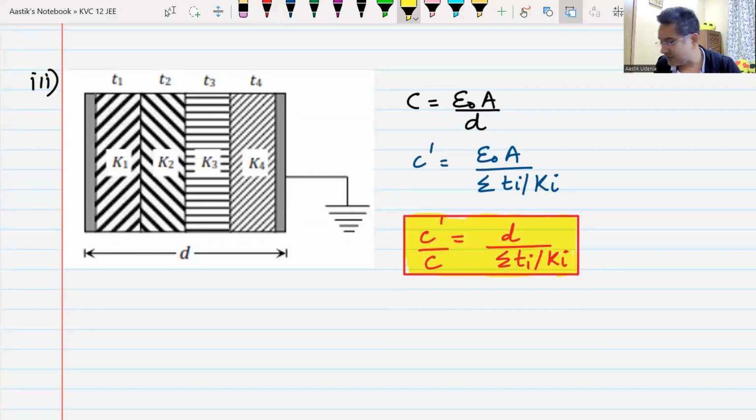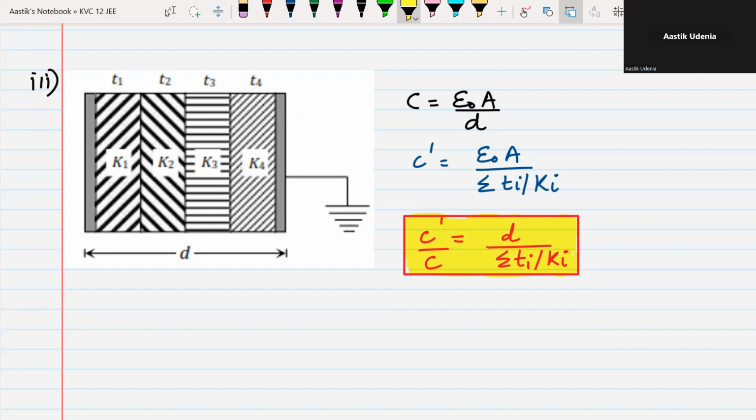Now, I have given you the direct formula of calculating capacitance in all these cases, but actually this capacitance could have been found out in a different way. Can anyone tell me what could be that different way?